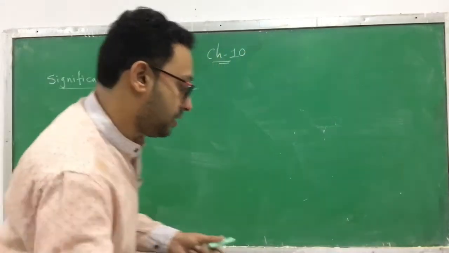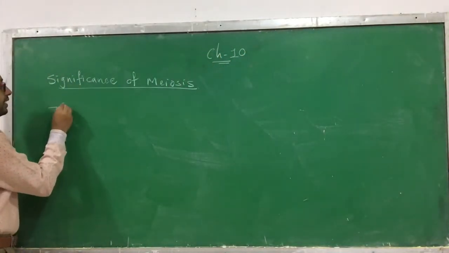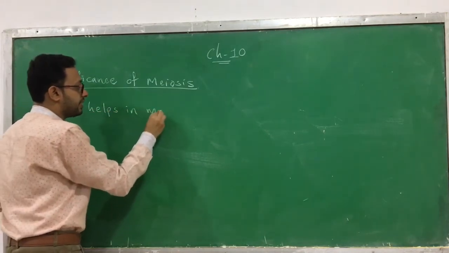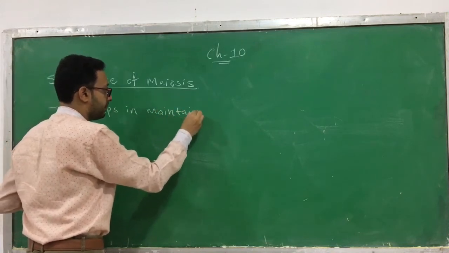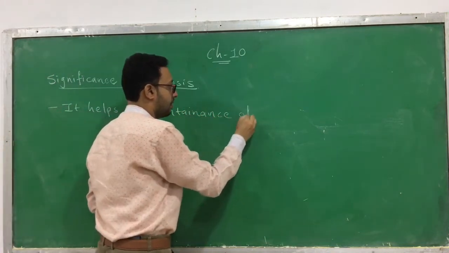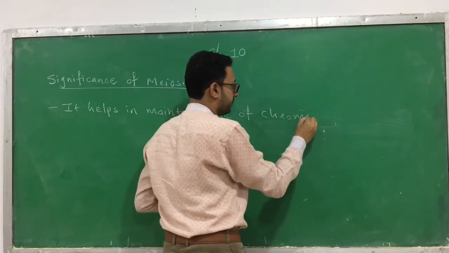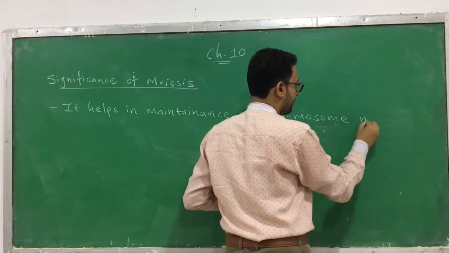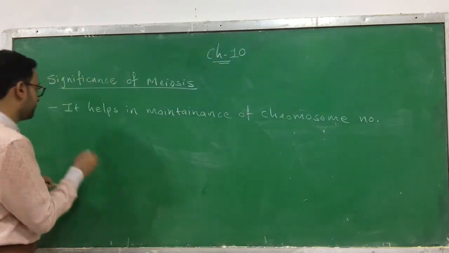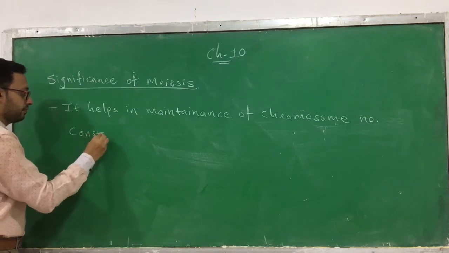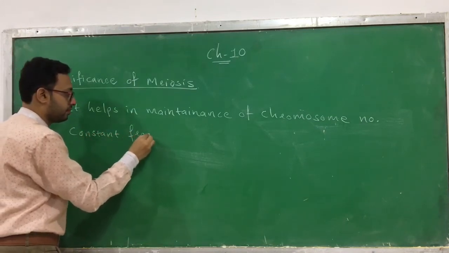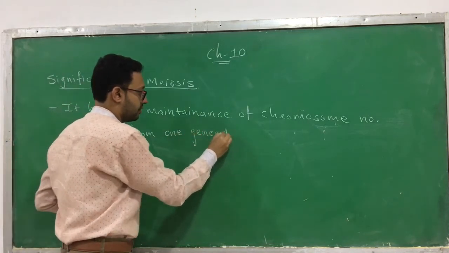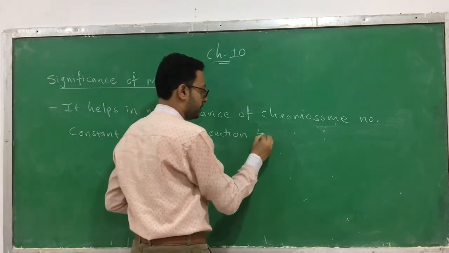In the meiosis process, the first significance is that it helps in maintenance of chromosome number constant from one generation to other generation.